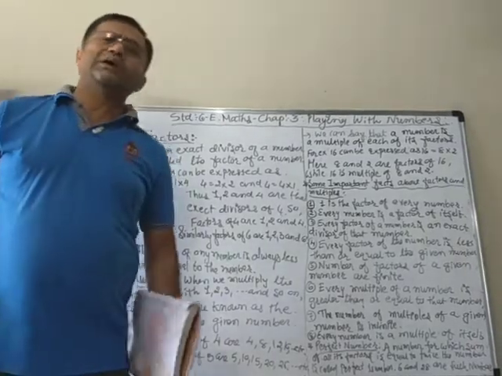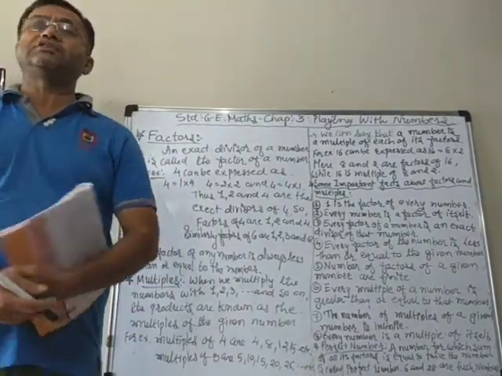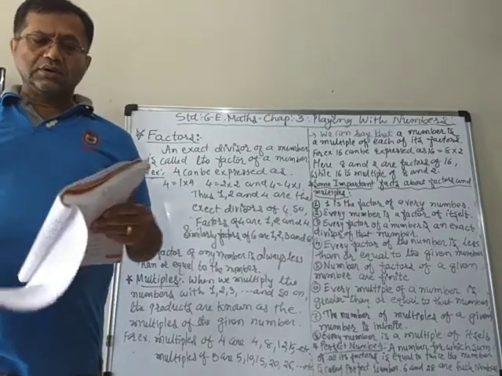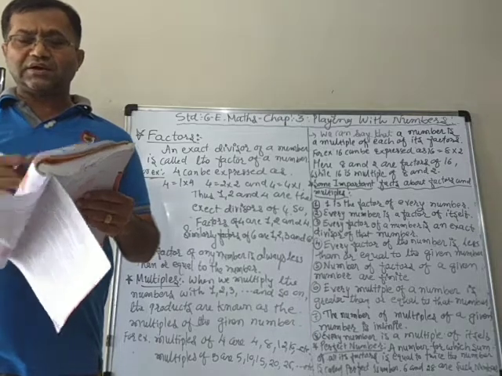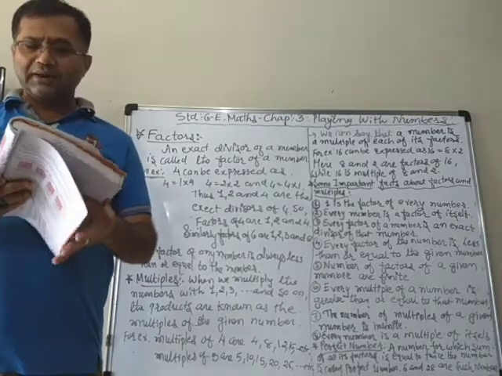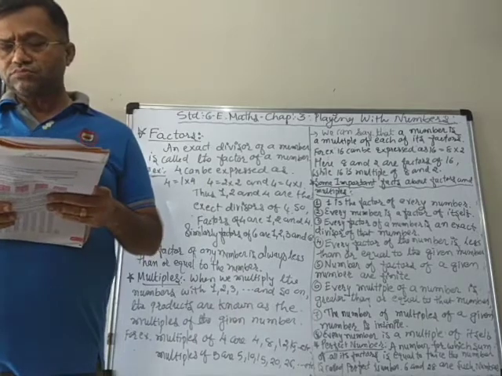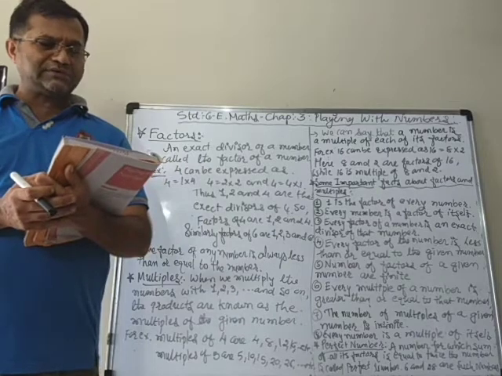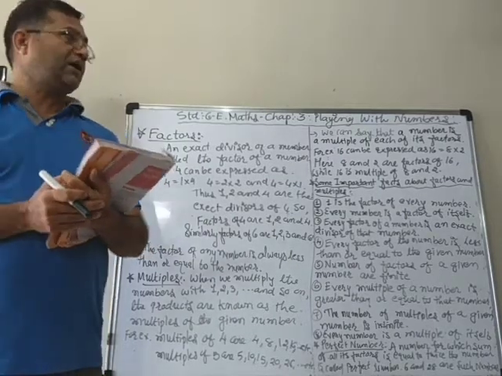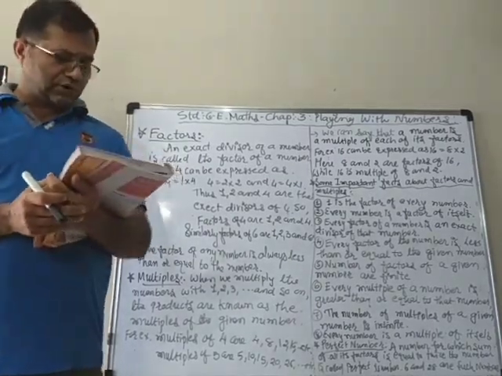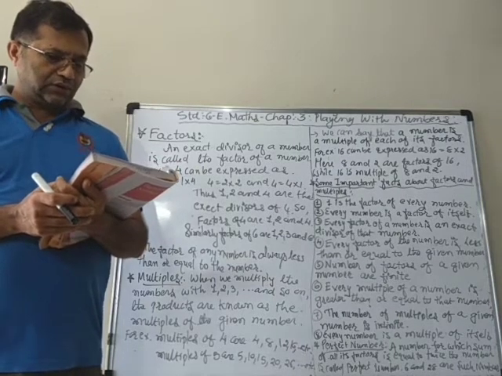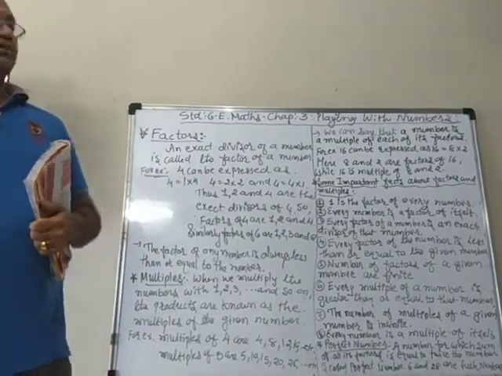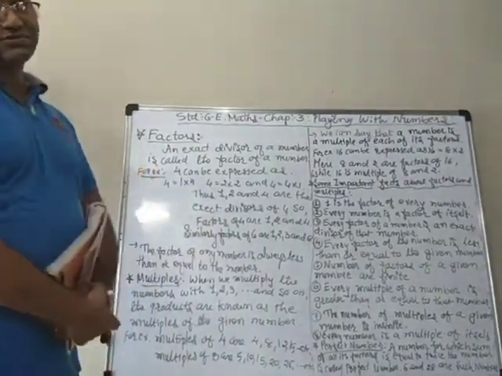Now, you are much more familiar with the different numbers, and you know so many things like factors, multiples, etc. Now, first we will see what are the factors and multiples again, and then more about the factors and the multiples of the number. So first of all, we will see what are the factors actually.